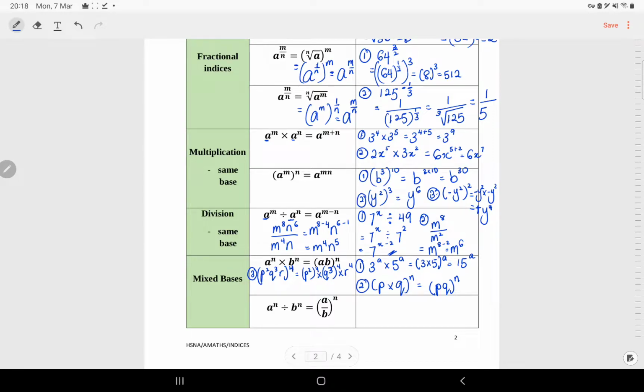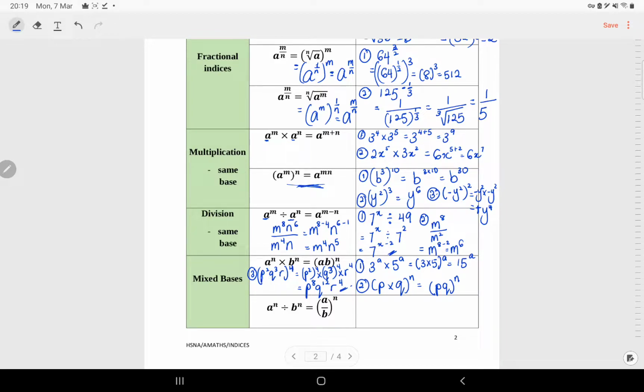And using your multiplication rule, can you see that p squared, the whole thing to the power 4, is the same form like your multiplication up here? So that can be expressed as, you multiply the powers, that becomes p to the power 8, and then q, 3 times 4, so q to the power 12, and then r to the power 4.